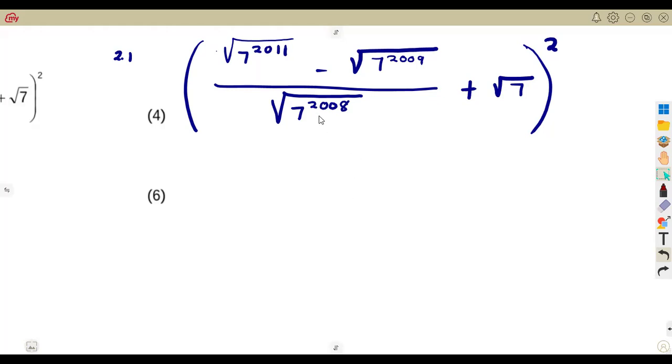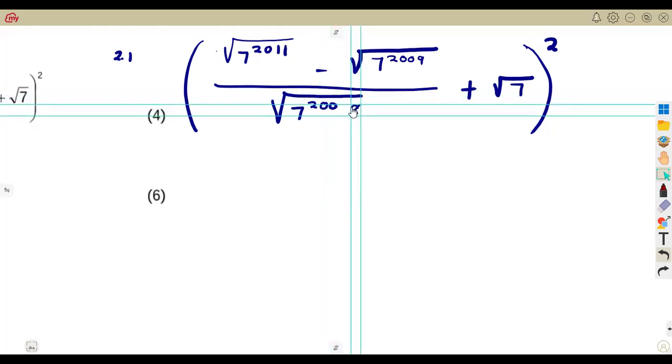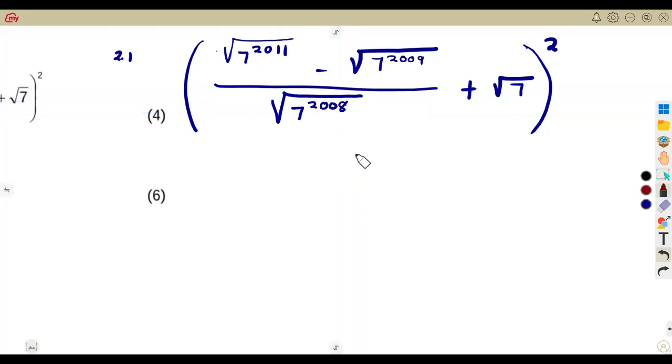But we do understand that in our numbers, the one that has got the smaller exponent gives us the highest common factor. The one that has got the smallest exponent compared to everything becomes your HCF. So meaning to say the square root of 7 to the exponent of 2008 must be factored out because that is our highest common factor, the one with the smallest exponent. It must be factored out.